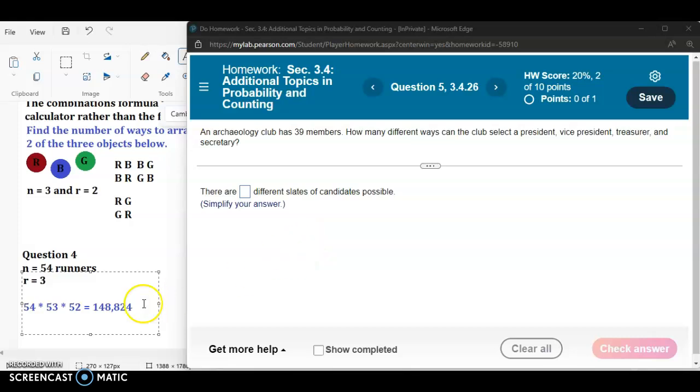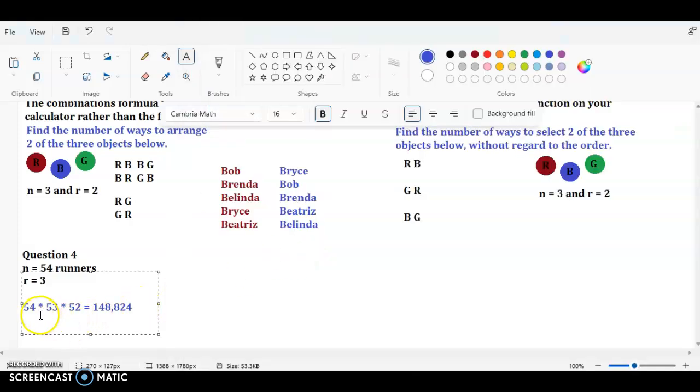Before I move on, I want to mention that we can solve the problem using the fundamental counting principle. But if you look closely, this is actually a permutations problem. For example, let's say Bob, Bryce, and Beatrice are the first, second, and third place winners.